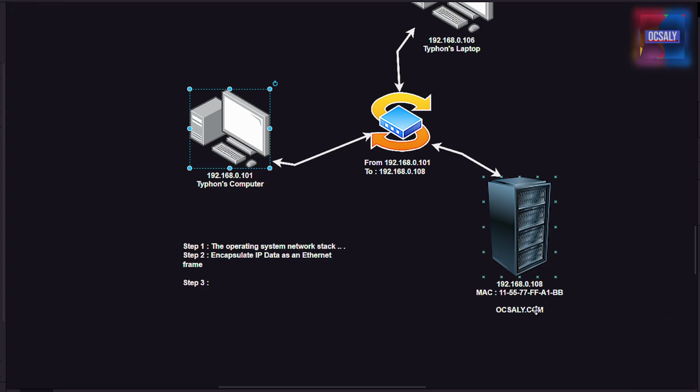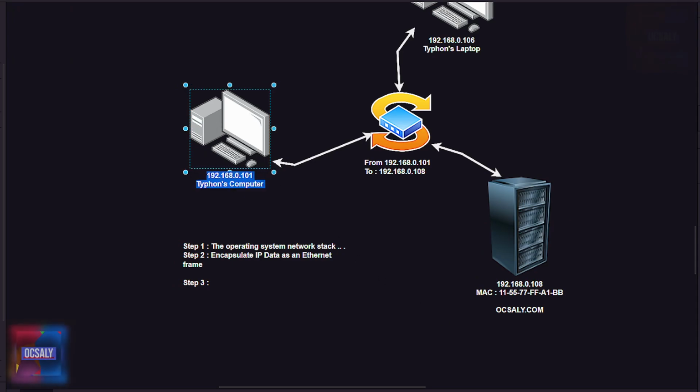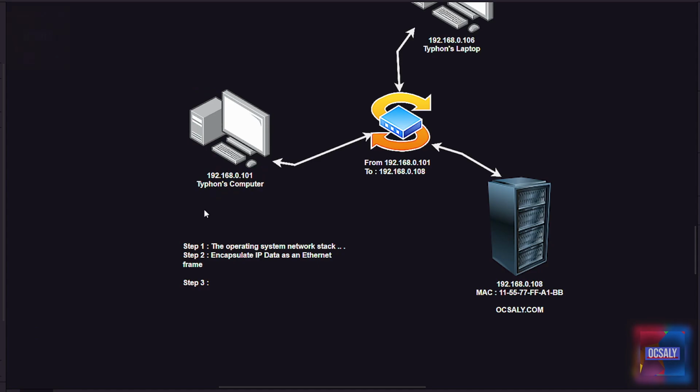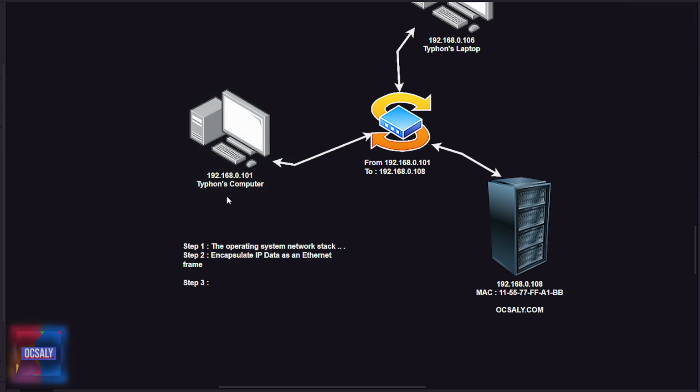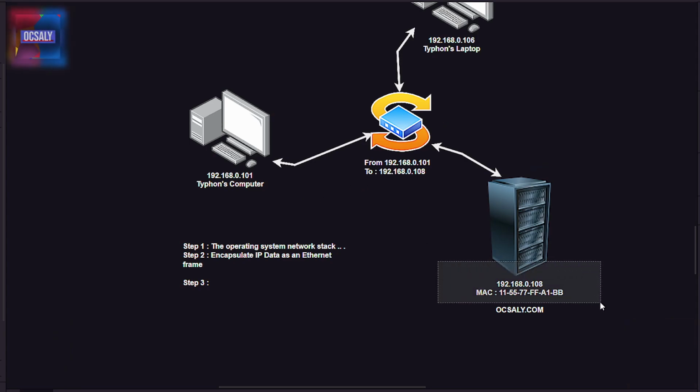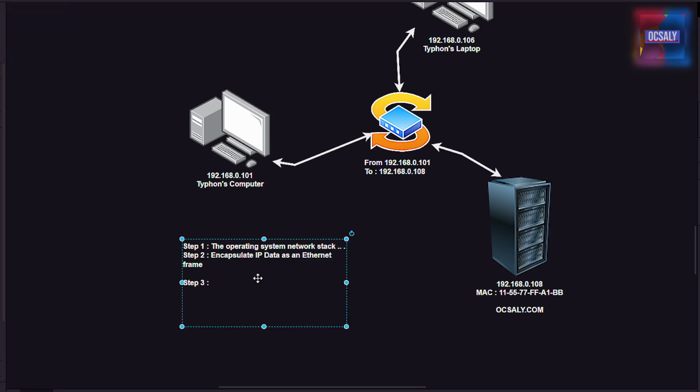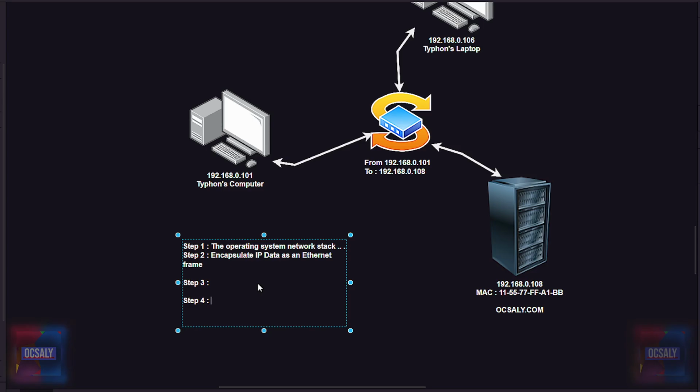So the destination address is actually this, and here our Address Resolution Protocol just figured out the MAC address, and tells us that our source MAC address is Typhoon's computer MAC address and the destination is this. Step 3 was the ARP response.